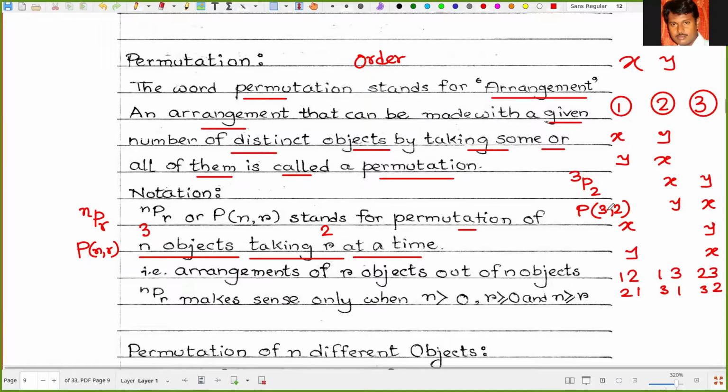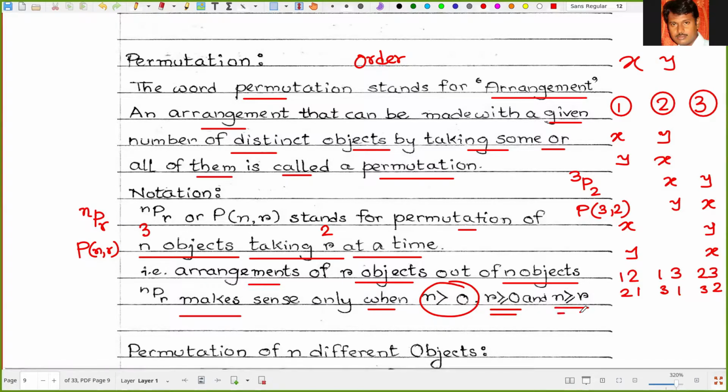That means taking 2 from the n objects, that is, arrangements of r objects out of n objects. nPr makes sense only when n is greater than 0. That is an obvious case, because if n is not greater than 0, then permutation is not possible. Moreover, r is greater than or equal to 0, and n is obviously greater than or equal to r.